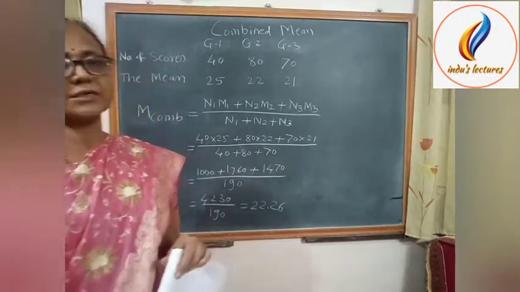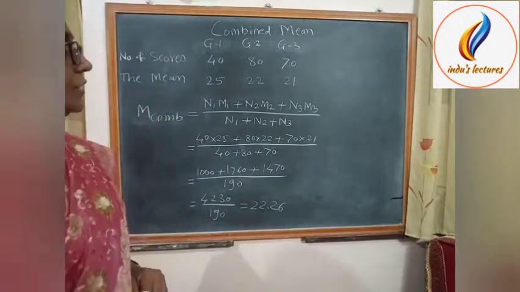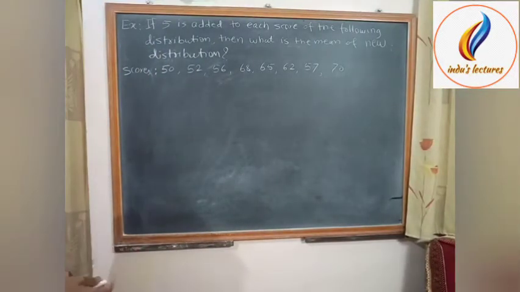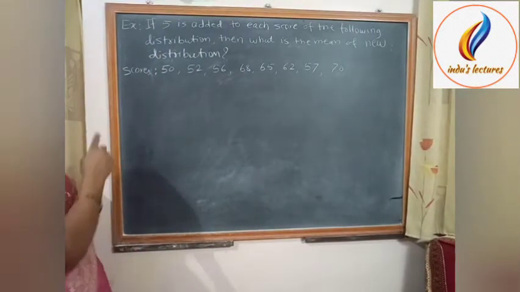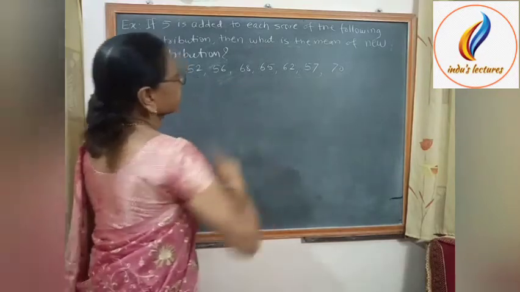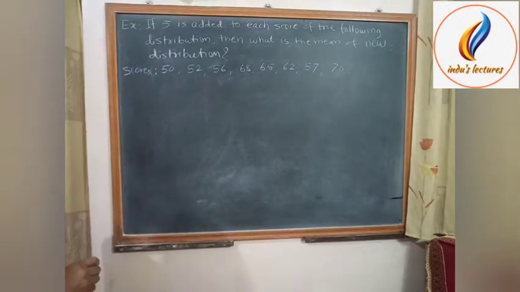Now let us consider another type of example. If 5 is added to each score of the following distribution, then what is the mean of the new distribution? The distribution is given in the form of raw scores.